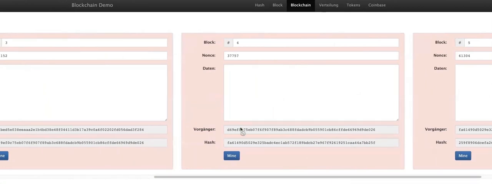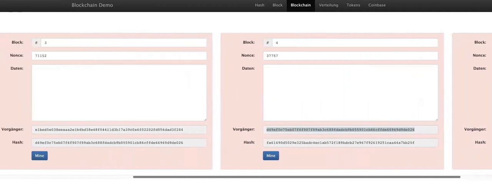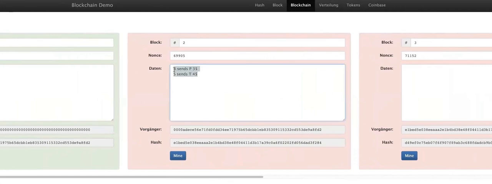Because if you have block 4 and 5 following block 3, you basically have the hash of the previous block written as part of the data set from the previous blocks in the next blocks as well. So blockchain is, so to speak, a very intertwined way of storing and transacting data.